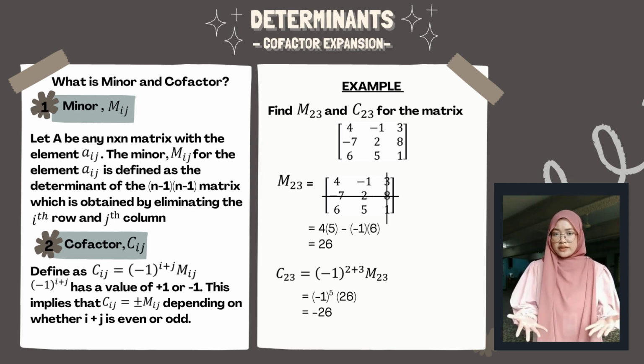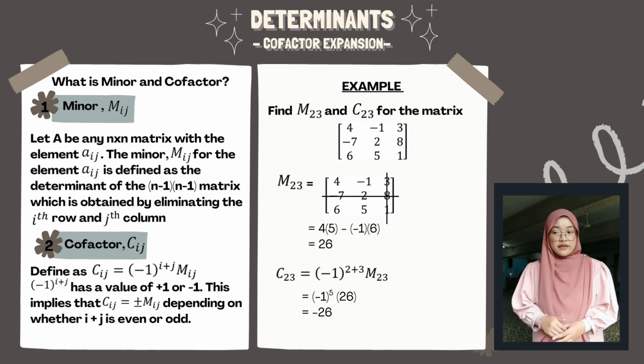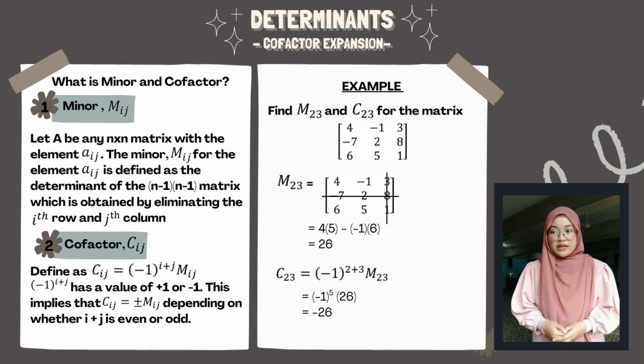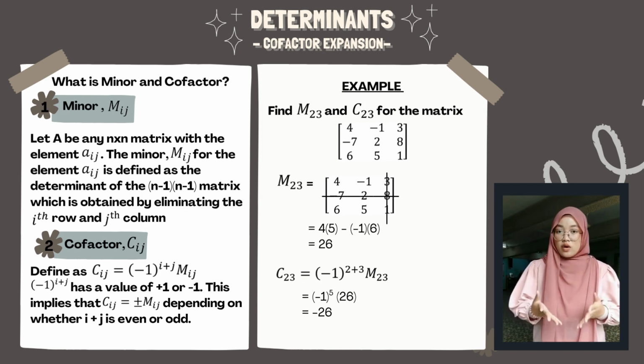Next, what is cofactor? Cofactor is defined as Cij equals negative 1 to the power i plus j times Mij. So negative 1 to the power i plus j has a value of plus 1 or negative 1. This implies Cij equals plus or minus Mij depending on whether i plus j is odd or even.